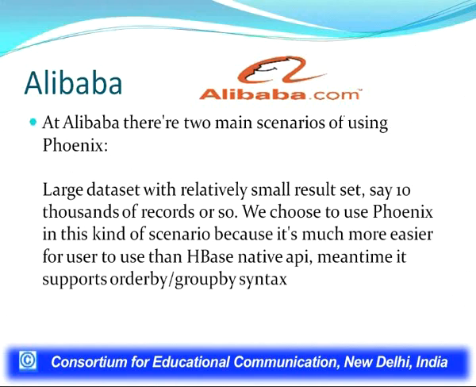We choose to use Phoenix in this scenario because it is much easier for the user to use than the HBase native API. Meantime, it supports order by and group by syntax.